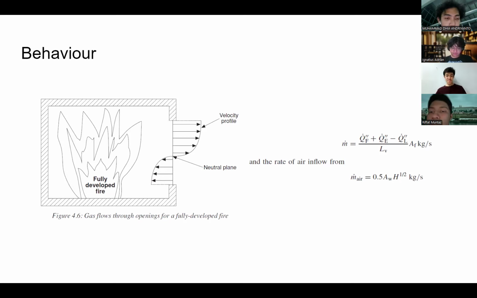Therefore, the fire gets bigger and bigger. There's a calculation for the rate of inflow, m dot air equals 0.5 AW√H kilograms per second. This is the gas flow through openings for a fully developed fire.